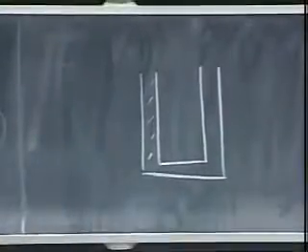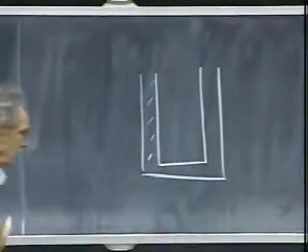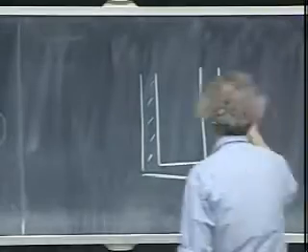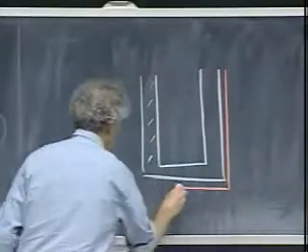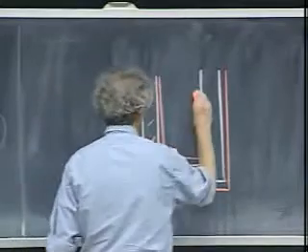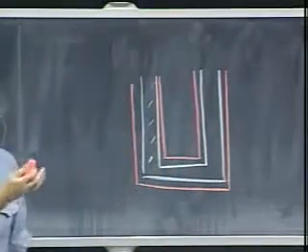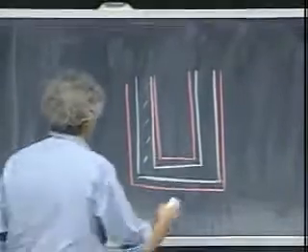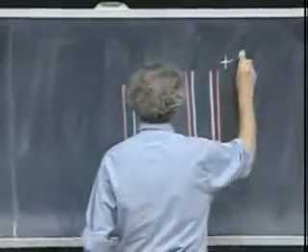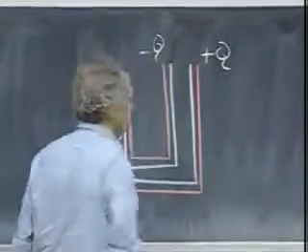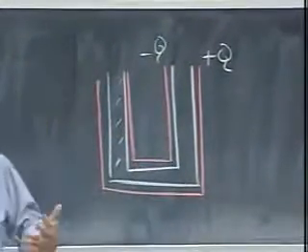Outside the insulator he has a conducting beaker, and there's a conducting beaker inside. That's a capacitor, although he didn't call it a capacitor. He charged these up, so you can have plus Q here and minus Q on the inside. And he did experiments with that.